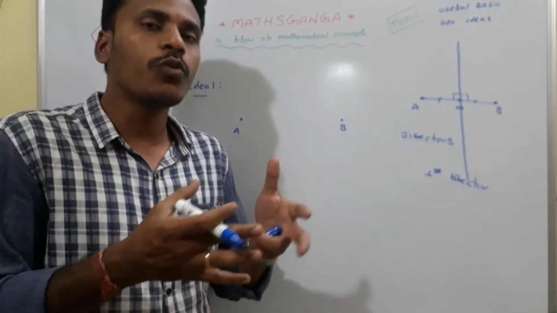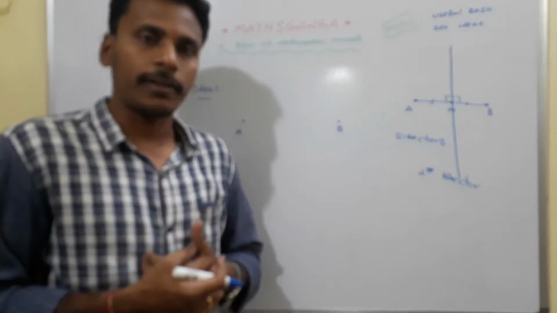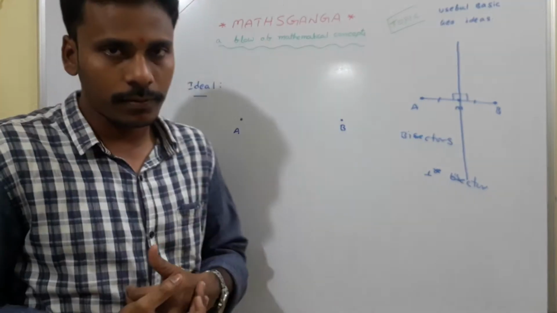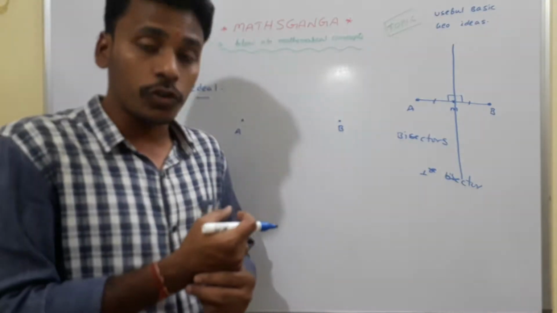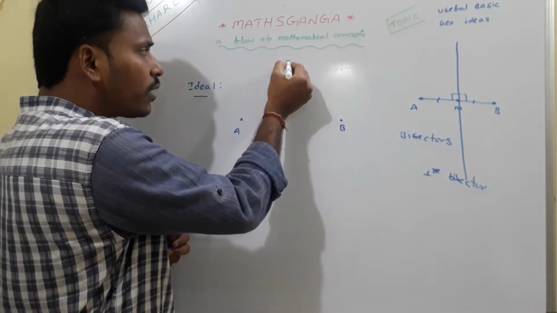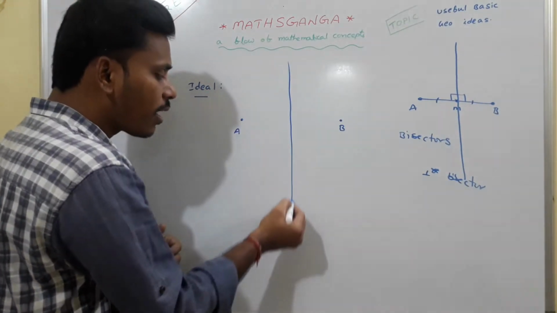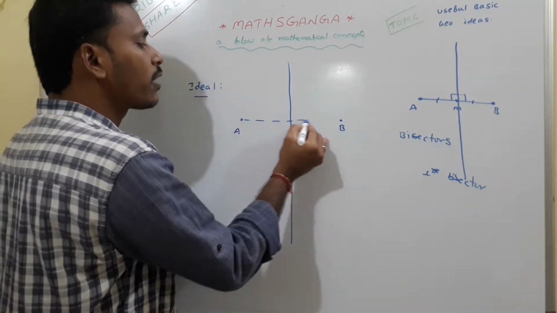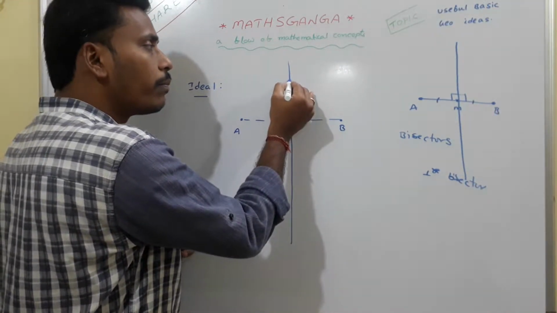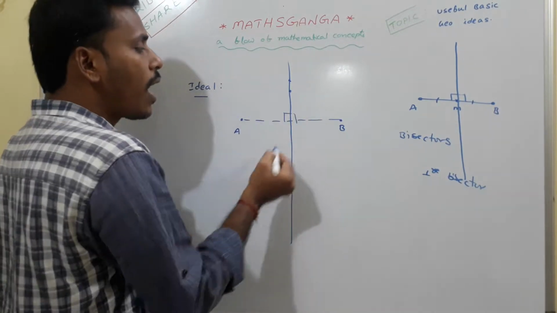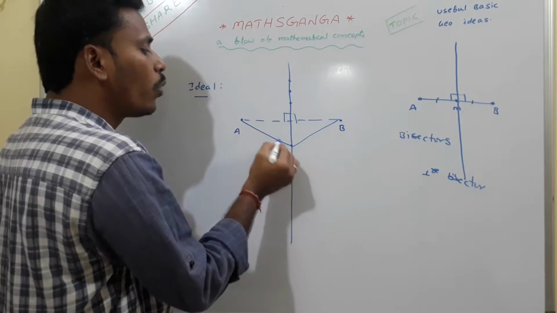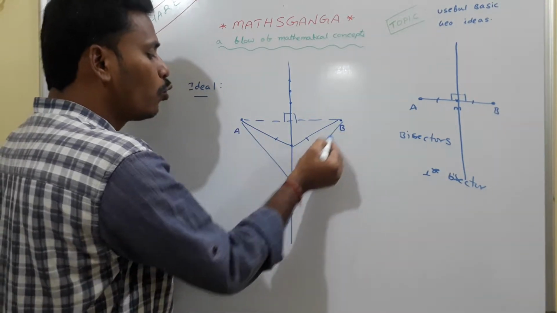Then which street would you suggest to take a house for rent such that the location is at equal distance from these two locations? In such situations we suggest that if you take the street which is like a perpendicular bisector of these two locations, then any house or any point on this street, on this perpendicular bisector, is at equal distance from the two given points.